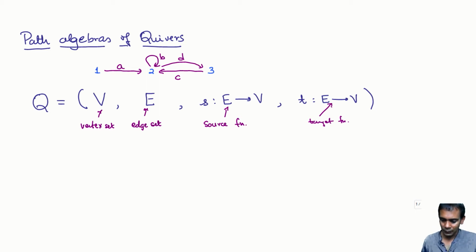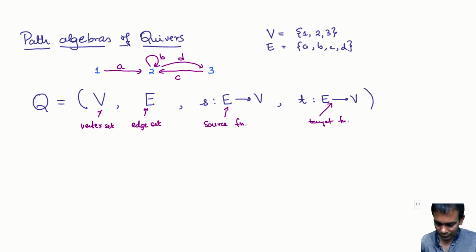In this example, V is just the set 1, 2, 3. E is the set A, B, C, D.